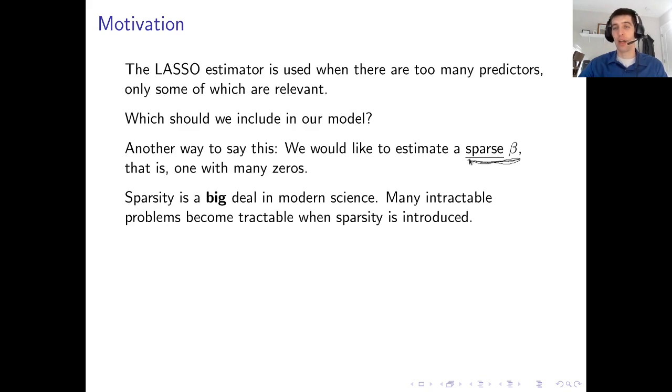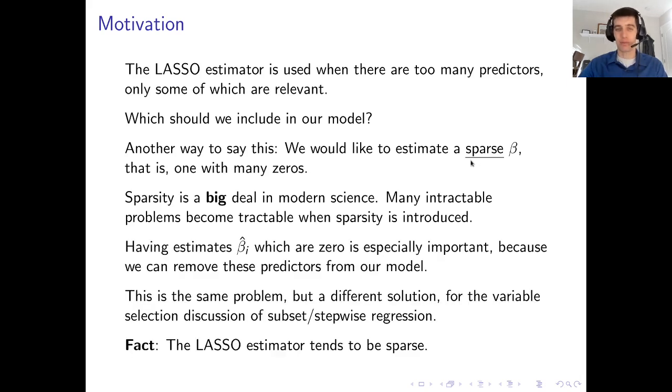You can do things like sparse linear algebra when your matrices or your vectors have many zeros, and see speedups in these kinds of operations and storage requirements and things like this. So this is just a small taste of the world of sparsity. It's a big deal, but in LASSO, we are trying to estimate a sparse beta, i.e. one that has many zeros. Okay.